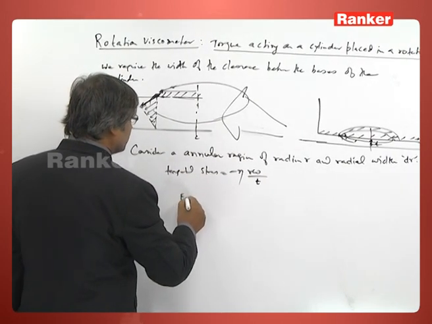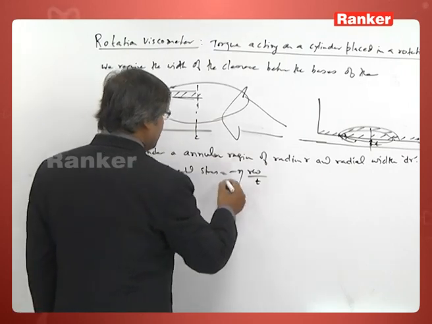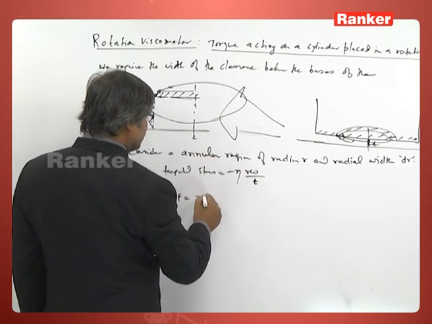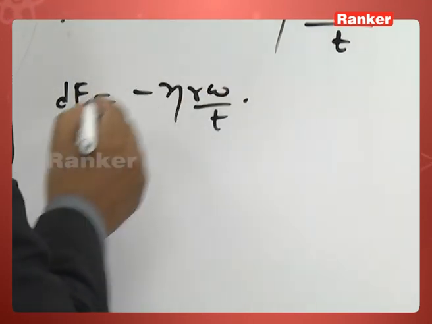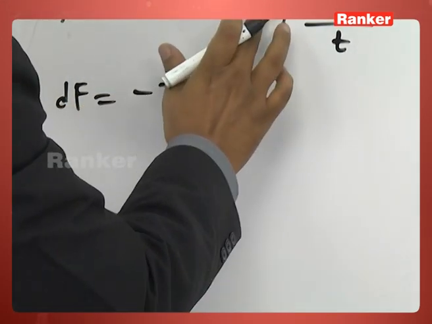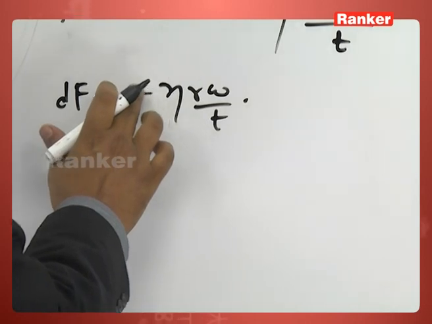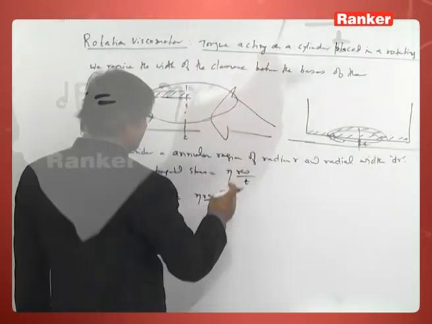So, the force dF will be the stress times the area, that is minus eta r omega by t. No need of writing minus again, because I know this is a restoring force.